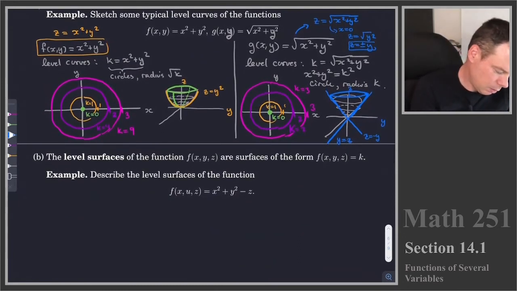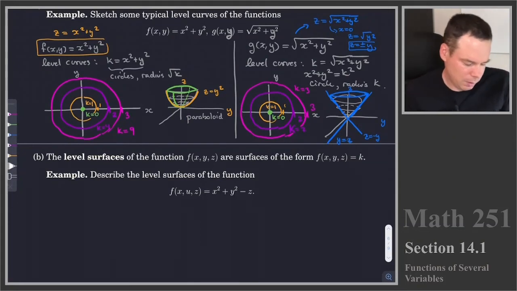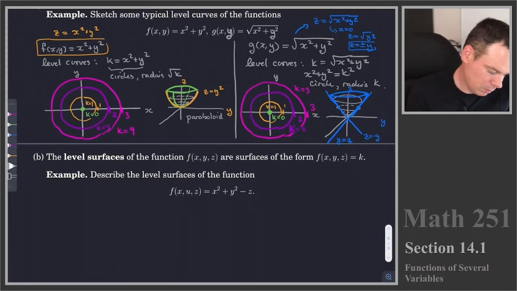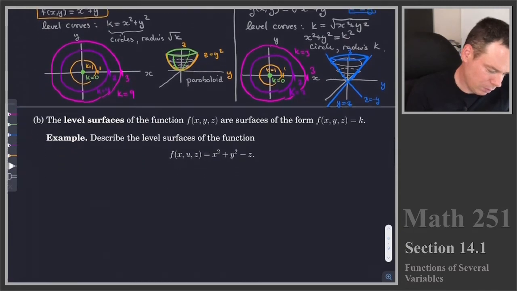This is a good one to remember: the one on the left, f of x, y equals x squared plus y squared, gives a shape we call a paraboloid. It's like the analog of a parabola, but in 3 dimensions. We're going to use that one very soon.